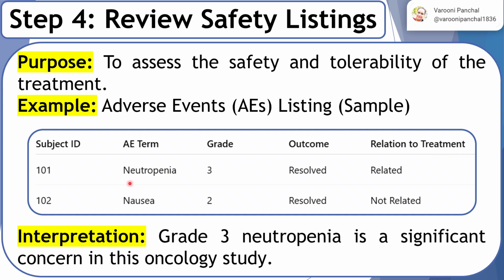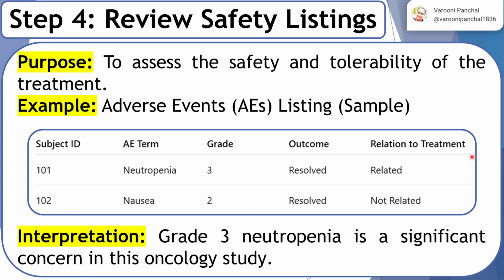So this specific adverse event is severe, no matter that the outcome was resolved, and it is related to treatment. It means that after consuming the treatment, the patient got this adverse event, which was quite severe but got resolved, right? Such statements you can make and interpret for the specific record, that this patient consumed the specific treatment.